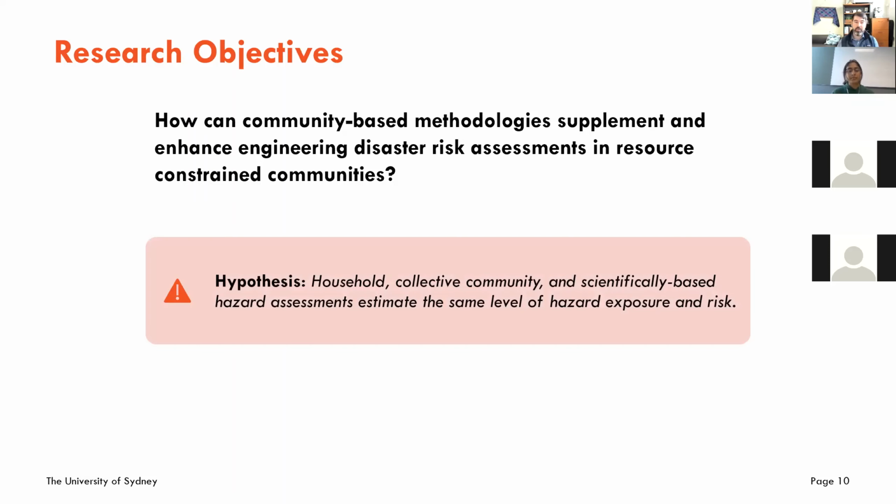So for this particular research that I'm going to be talking about today, we were, again, exploring that same region that I introduced, but we were interested in trying to understand how do households, collective community assessments, and more traditional scientific models compare in estimating the hazard assessments that we do?